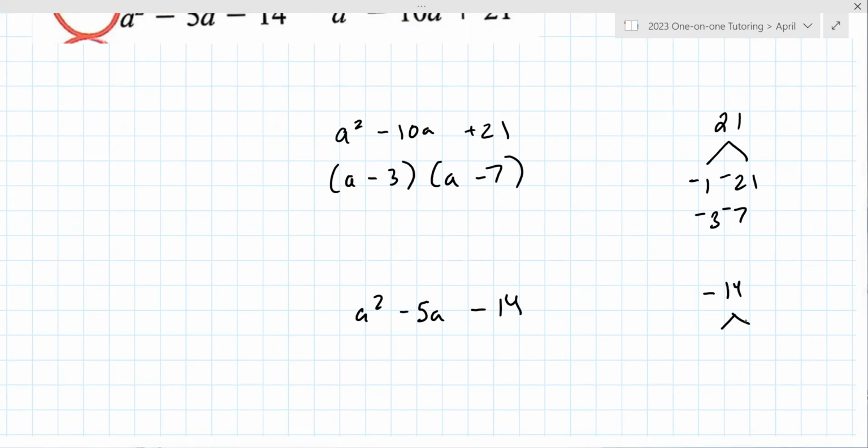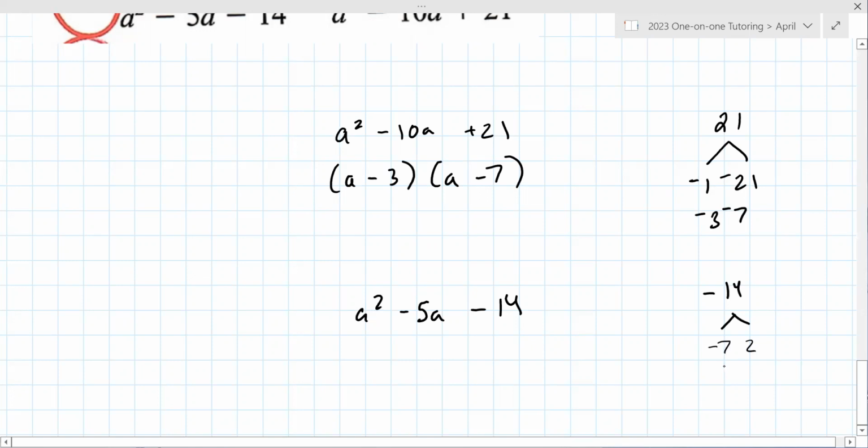That means one's going to be positive and one's going to be negative. -7 and 2, and it's also true the other way around, 7 and -2.